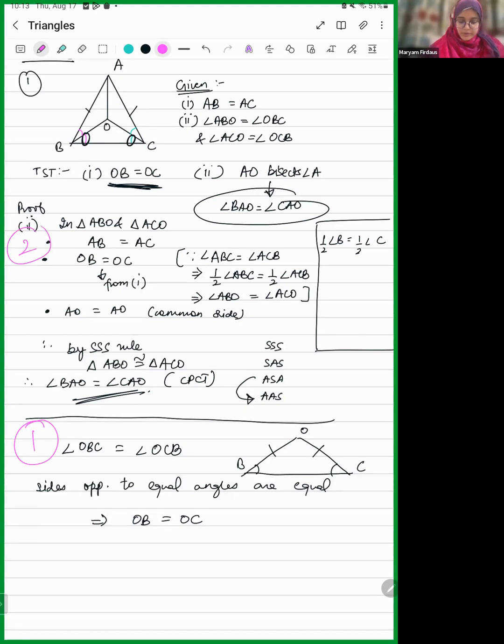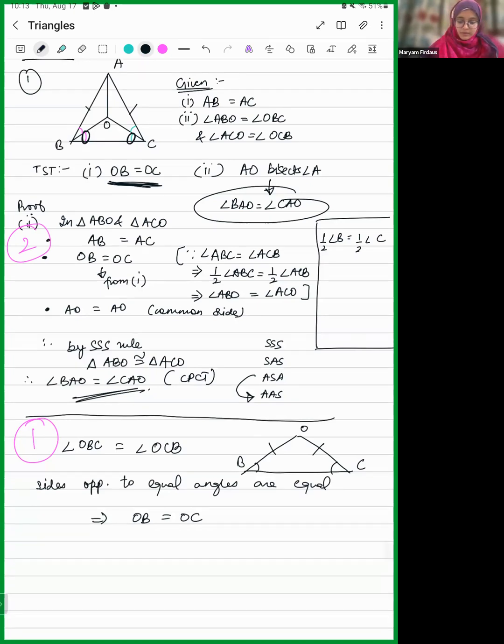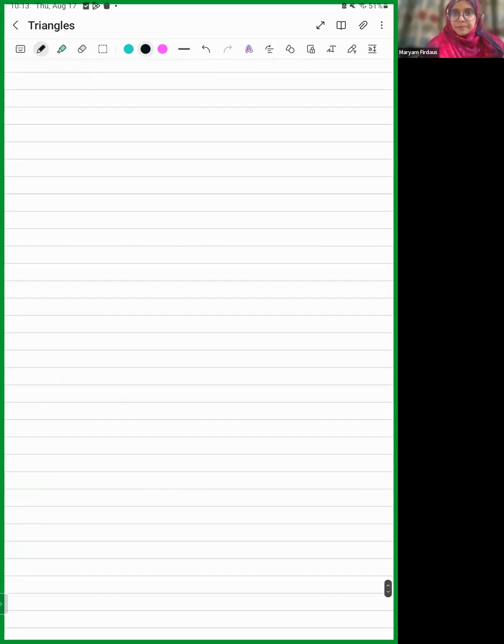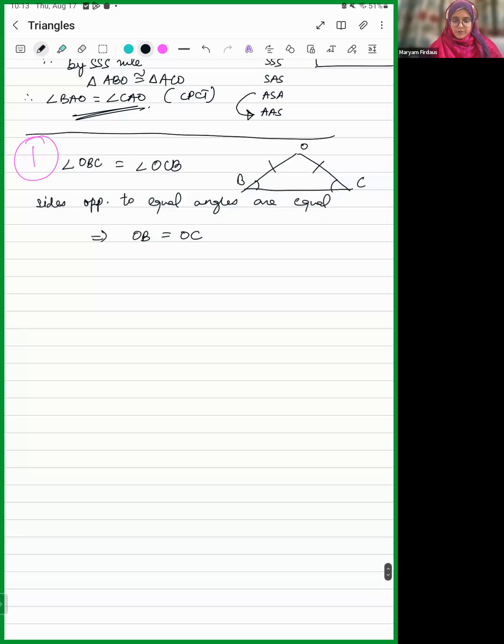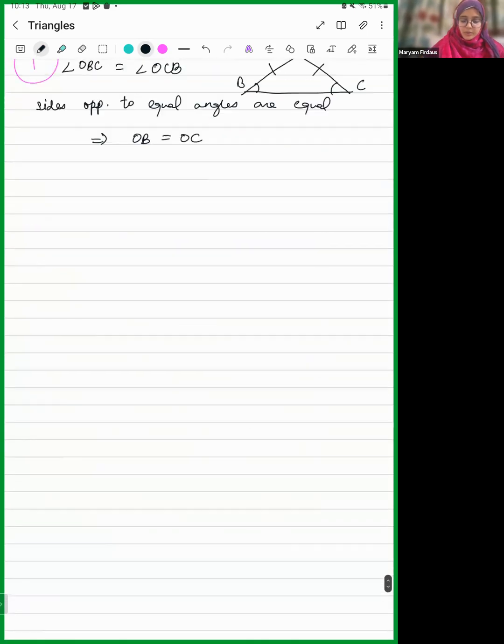Next you have to prove this thing. For those of you who haven't completed writing this, you can take a screenshot and we can move on. I'm done. Okay. Now the third question. No, not third question. I think we were doing the first question itself. So now the second question.